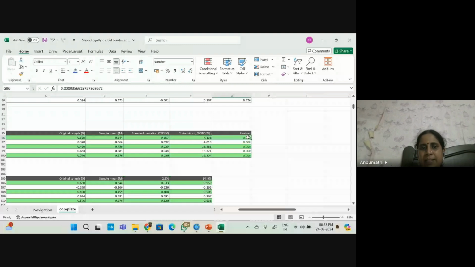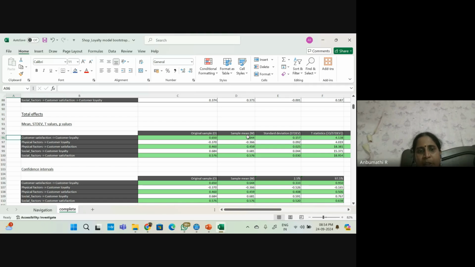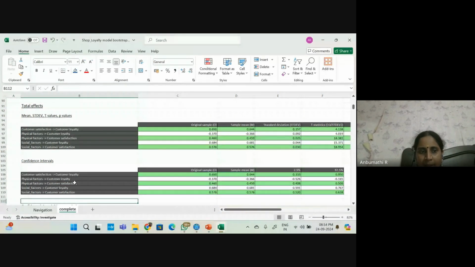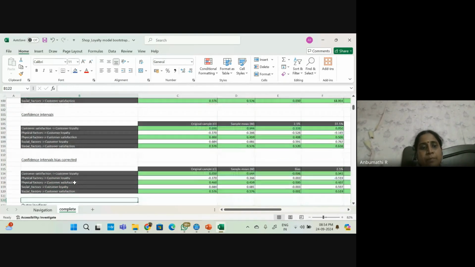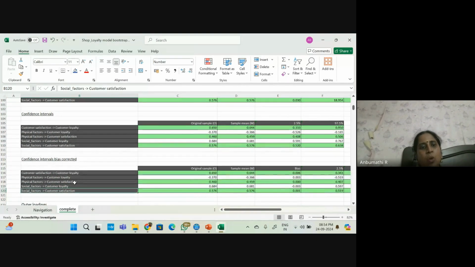After seeing this, it is better you go for the confidence interval. Down, for the total effects, you have the confidence interval, and when you go further down, you have the confidence interval bias corrected.